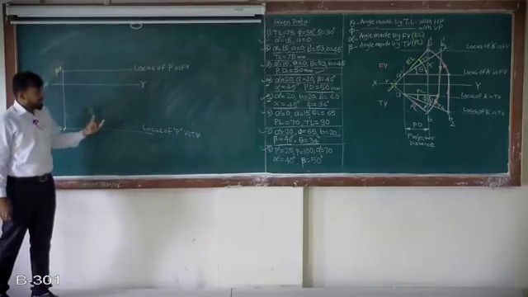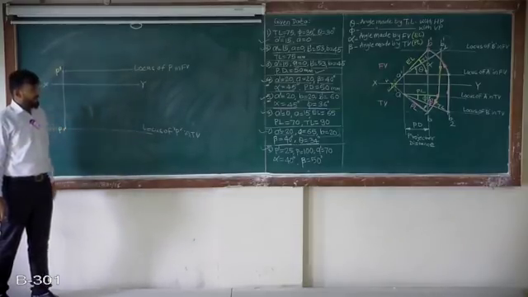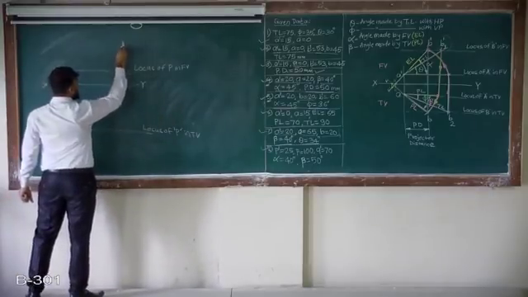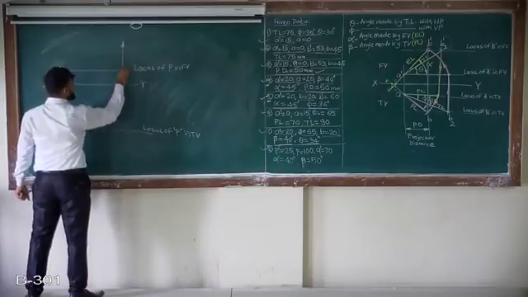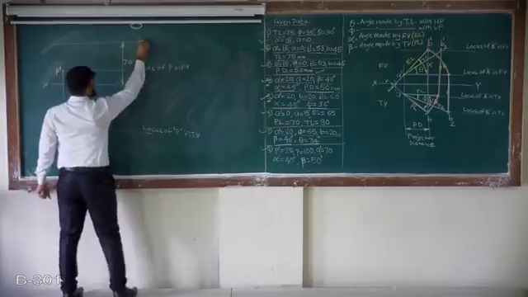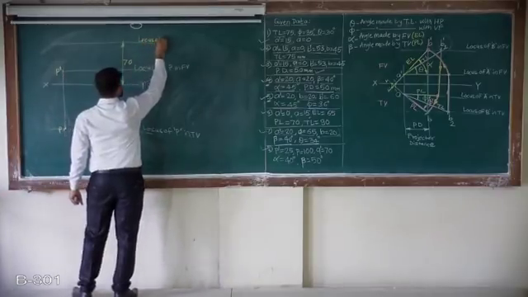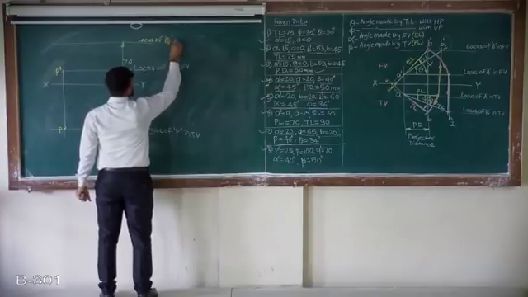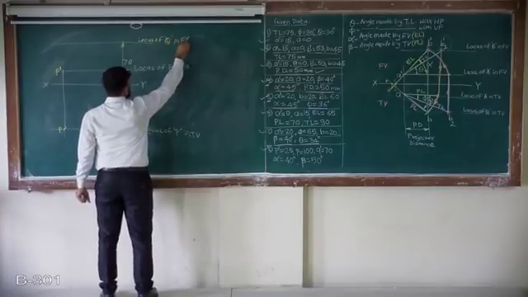Next is Q dash as 70 mm. So from XY 70 mm distance, I will draw the locus of point Q. That is locus of point Q in front view.